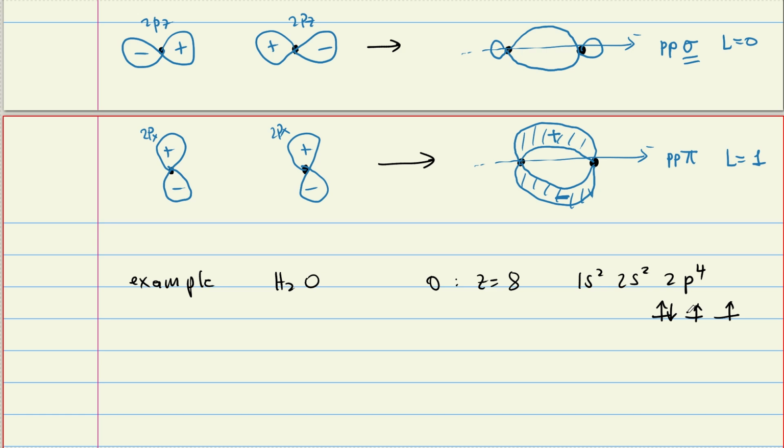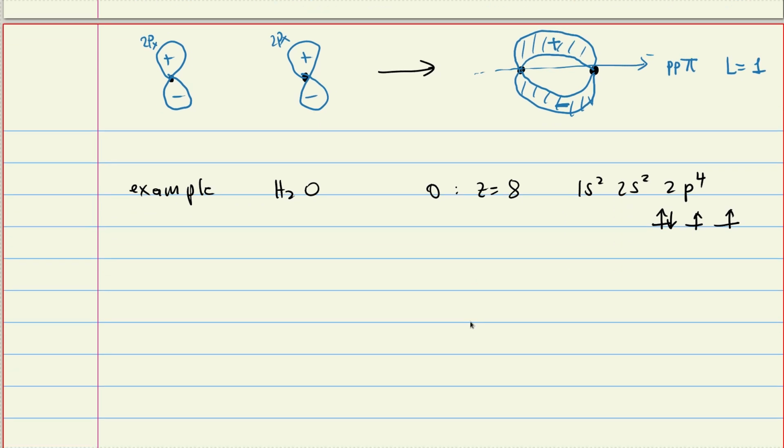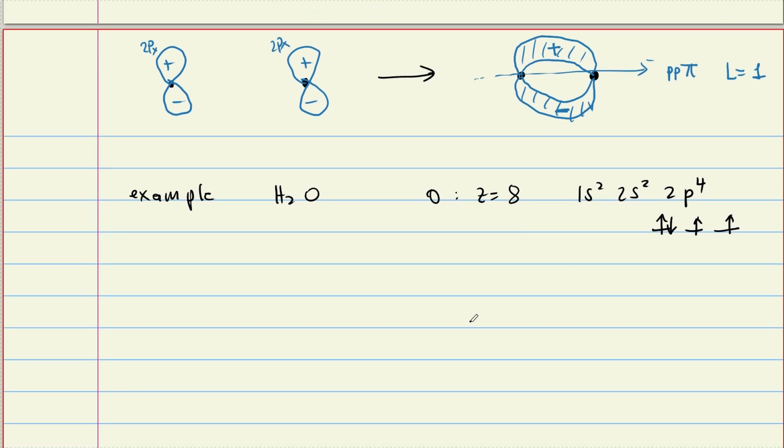What we should do is, let me try to draw this. This is X, Y, and Z. So you can see there are 2 unfilled orbitals here.